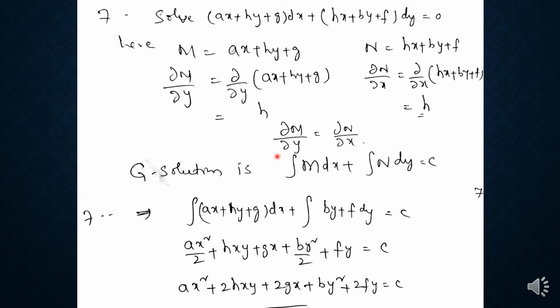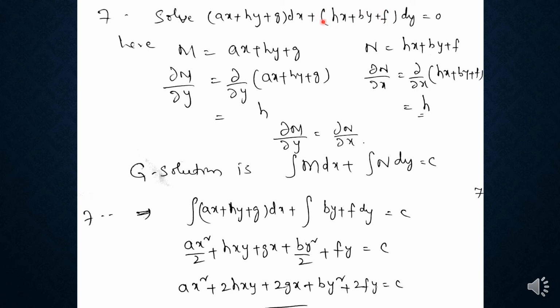So this is satisfied. Now write the general solution for the exact differential equation, that is ∫M dx + ∫N dy = c. So ∫(ax + hy + g) dx + ∫(hx + by + f) dy. Here, while taking N terms, the term should be free from x.